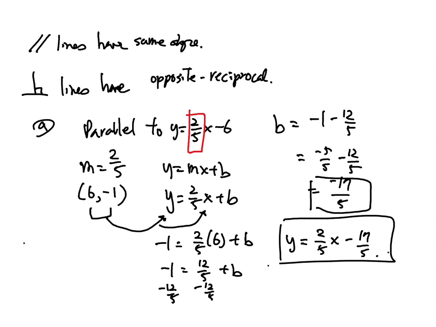Perpendicular is opposite reciprocal. Let's keep that in mind. So this time we're looking for a line that is perpendicular to y equal negative 2 ninth x minus 1. So from here, let's figure out the slope first. The slope is negative 2 over 9.